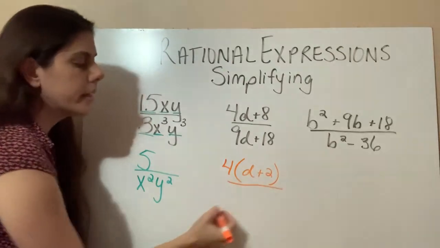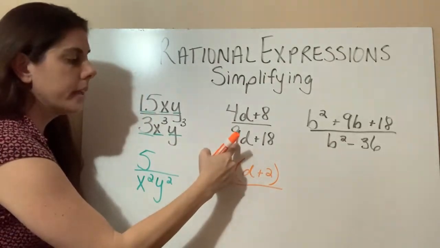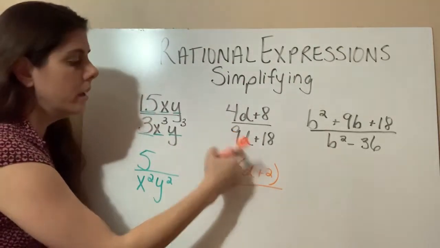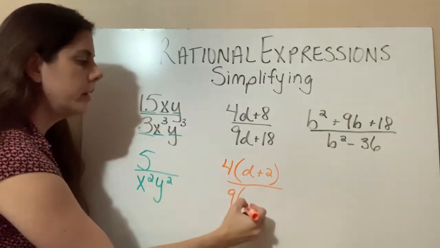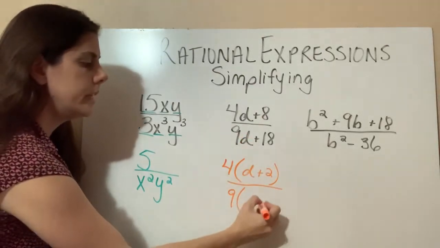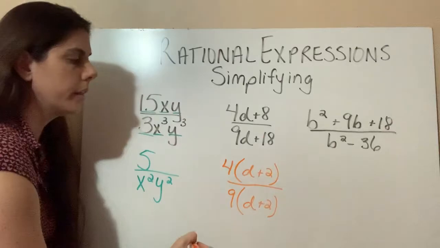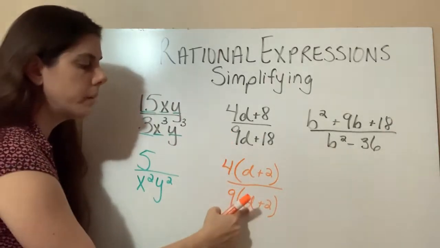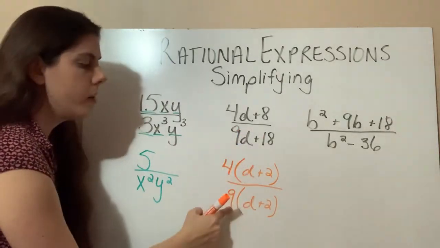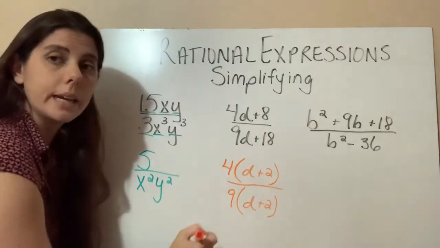The same thing is going to happen on the bottom. I can see I can pull out a 9. So if I pull out a 9 out front, I'm going to be left with d plus 2 on the bottom. 9 times d equals 9d. 9 times 2 equals 18.